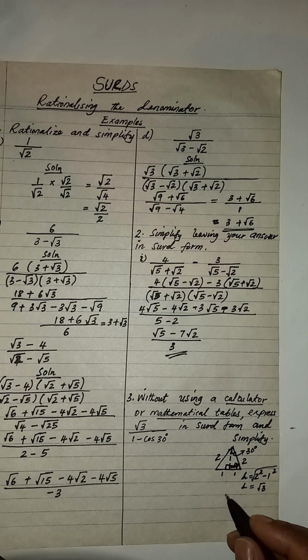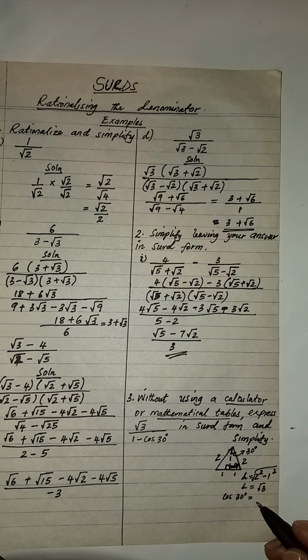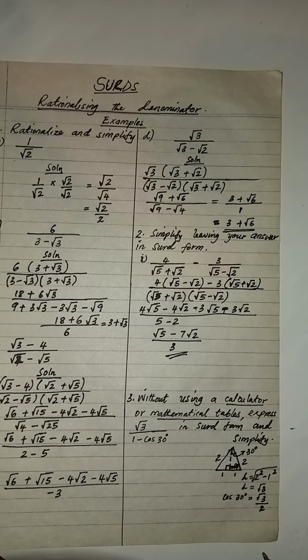So therefore we can say cos 30 degrees is equal to adjacent over hypotenuse. Adjacent here is root 3 over hypotenuse, which is 2.